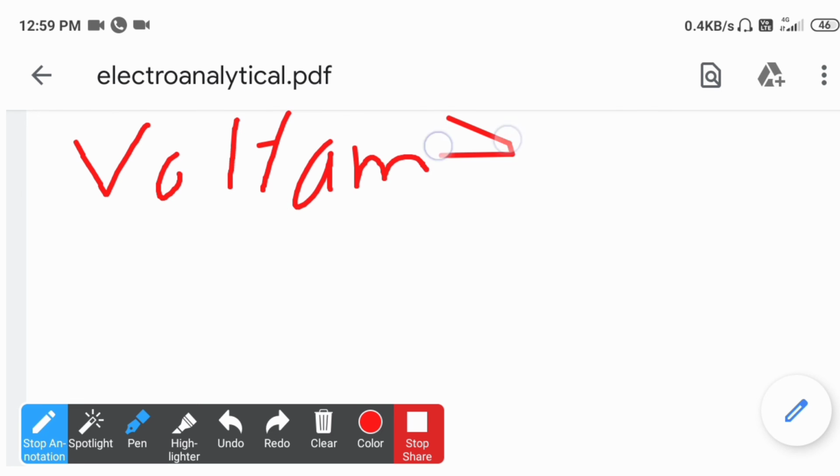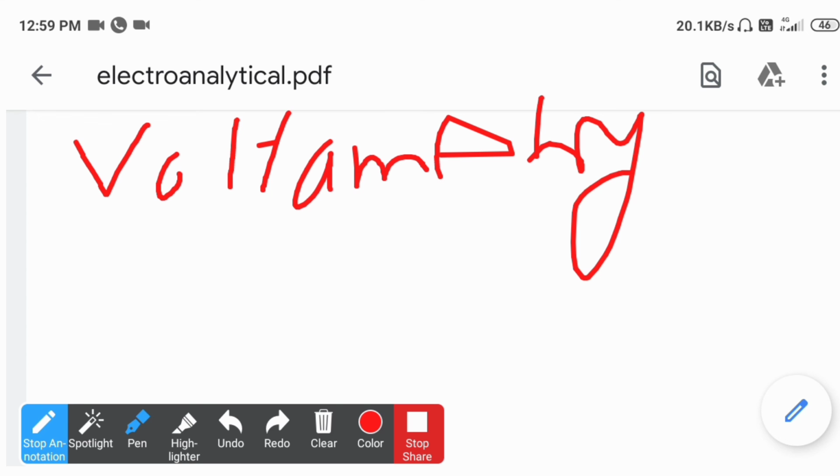Next we have seen the voltammetric methods: first stripping voltammetry, then adaptive stripping voltammetry, then linear sweep voltammetry, and now we have finished cyclic voltammetry. And the last important point is the ultra micro electrodes.